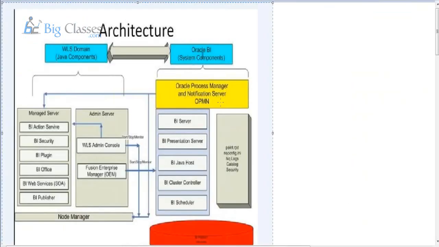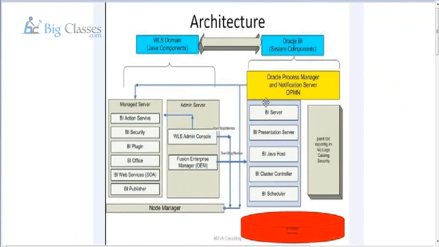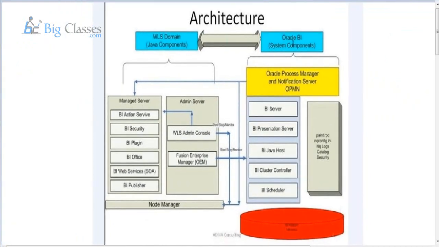Okay, this is the architecture of OBIEE. In this architecture, we can divide OBIEE into two types. One is the WebLogic domain. If you don't know anything about WebLogic, I will give an introduction, because WebLogic is very important. WebLogic is a domain.